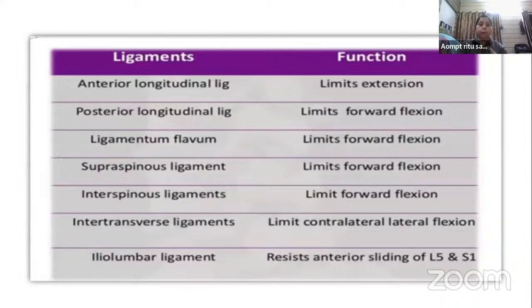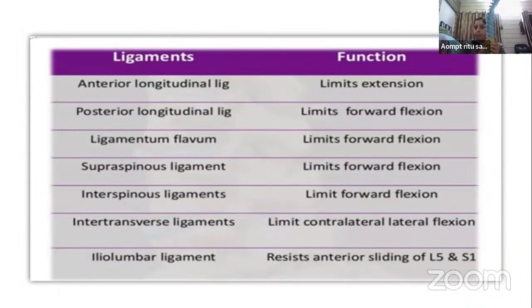And during this biomechanics, the ligaments also play a very major role, as they give the function and limit the function. That is the anterior longitudinal ligament, which we have already seen in all our sessions on the cervical and thoracic spine, giving coverage to the disc, and the posterior longitudinal ligament, which gives coverage on the posterior side.